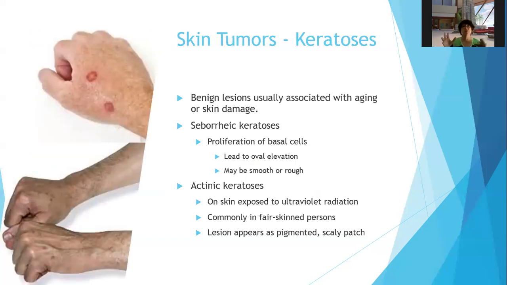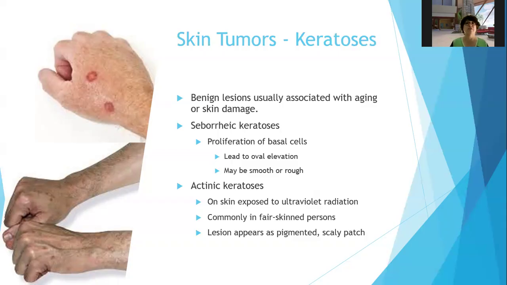So we're going to talk a little bit about different types of skin tumors. Keratoses, they're considered tumors, but they're benign lesions that are usually associated with either aging or skin damage. So seborrheic keratoses are a proliferation of basal cells. That's why they're considered a tumor, because they're more cells growing.